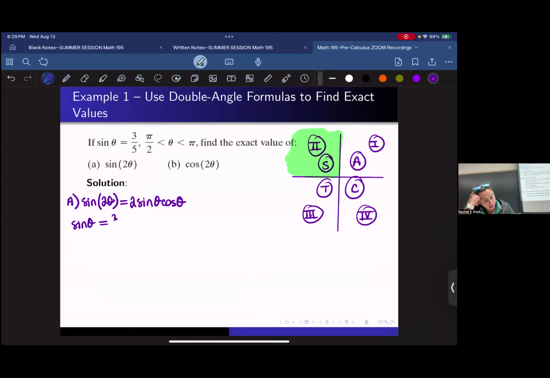That's just 3 over 5. Well, then what about cosine theta? Just again, think back to our famous right triangle. We have a Pythagorean triple here, right? If sine is 3 over 5, then cosine is 4 over 5, but our cosine is negative in our second quadrant, so it's really negative 4 over 5.